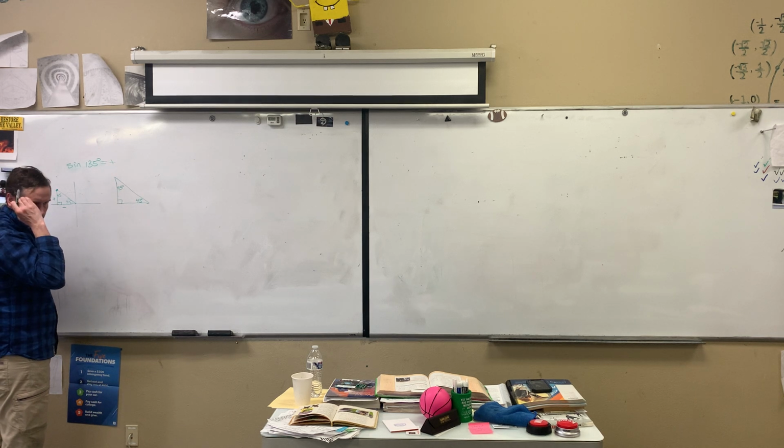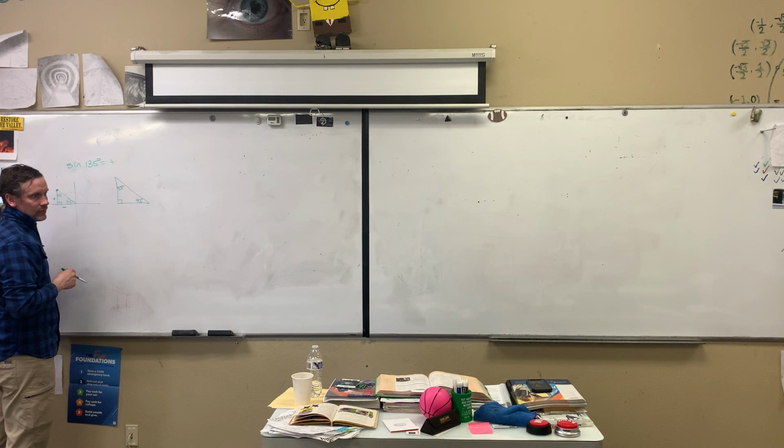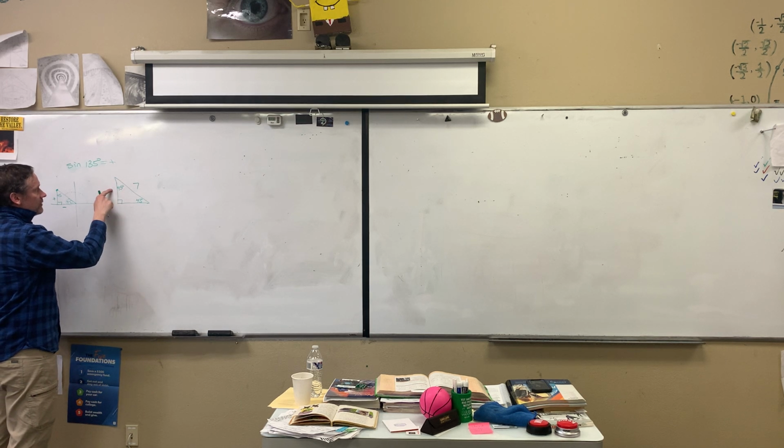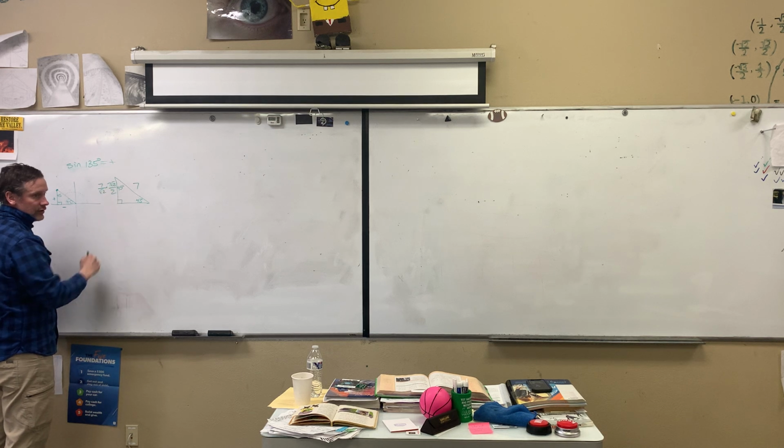Say 7 is my hypotenuse. What is this value here? 7 over root 2, which would be equal to 7 root 2 over 2.